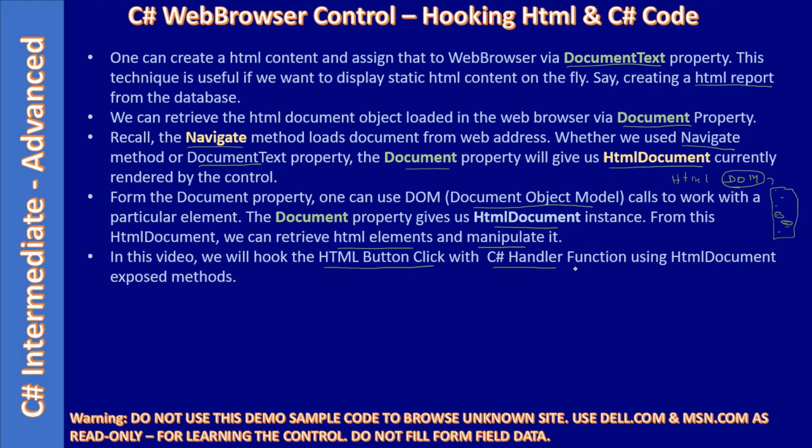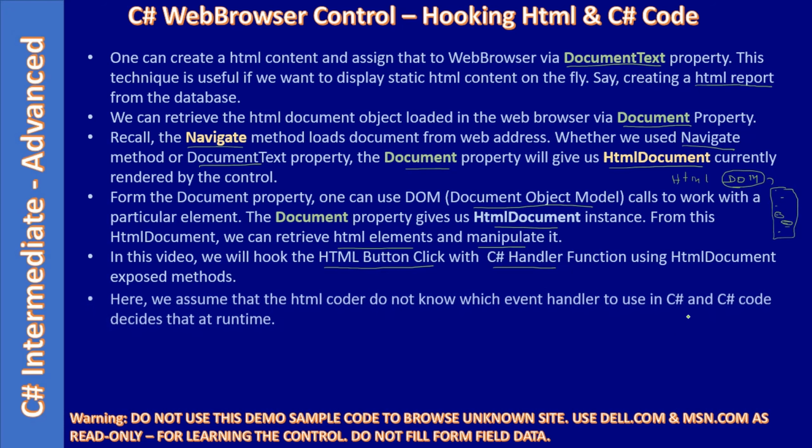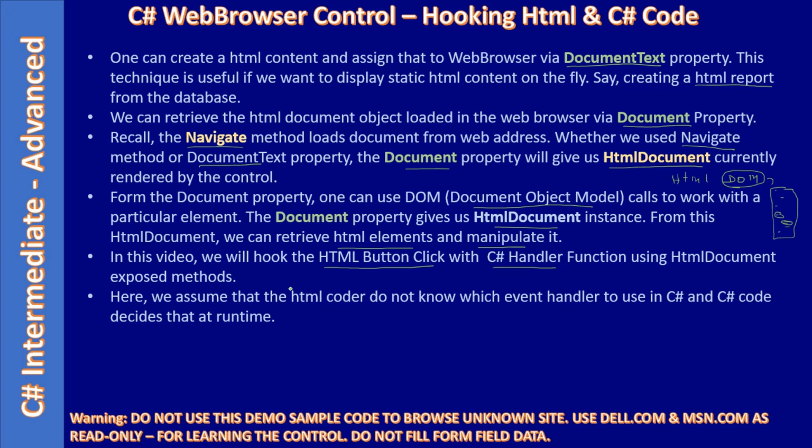That means we need an HTML button, then we need to add the onclick and hook that to the C# handler. So here we assume that the HTML coder does not know. Here, to the document text we will be sending the HTML document in the form of a string, right? We assume that the HTML coder does not know which event handler to use in C#.